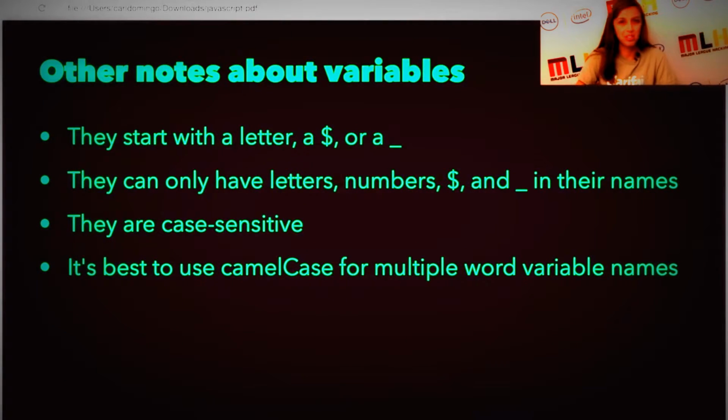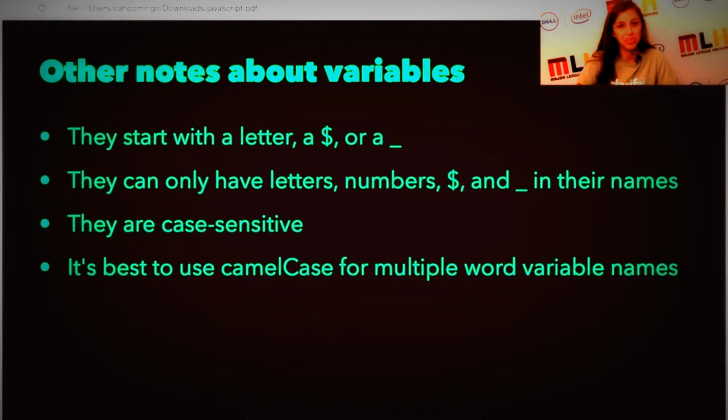There's a few other notes that you should know about variables. The names of variables can start with a $, an underscore, or a letter. They cannot start with number names or number values because they just can't. That's the rule. But they can have numbers in the name. So if you wanted to have a variable called num1 or something, that's totally fine, but you can't have 1 and then num, because that'll really confuse JavaScript.